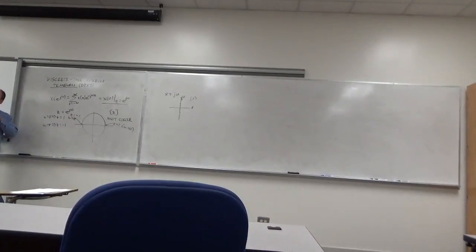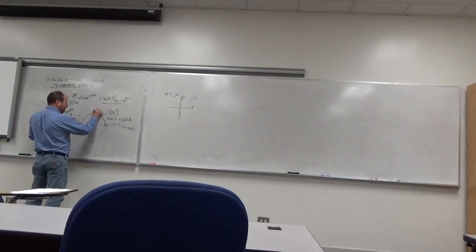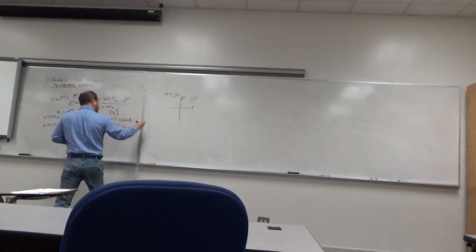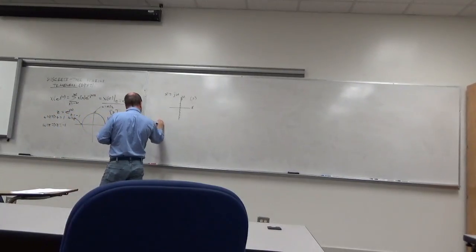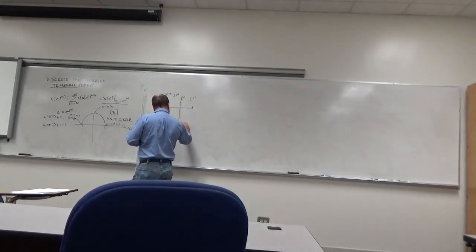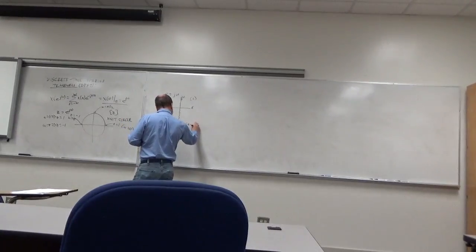Is that correct? e to the j pi is cosine pi plus j sine pi. Sine pi is 0. Cosine of pi is negative 1. Okay? And up here, this would be omega is pi over 2. So you would have e to the j pi over 2 is cosine pi over 2. What's that? Plus j sine pi over 2.